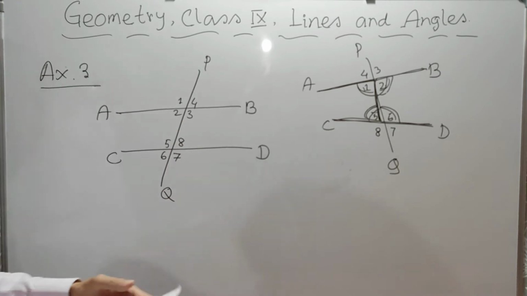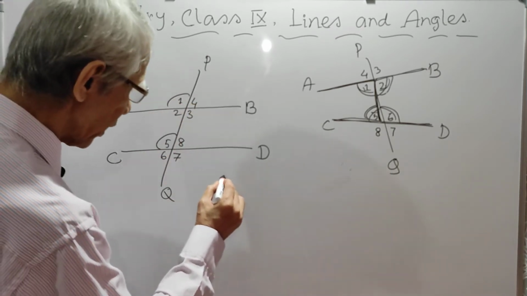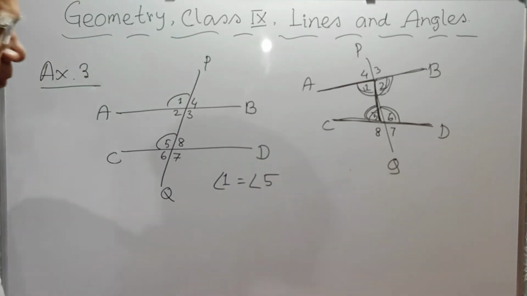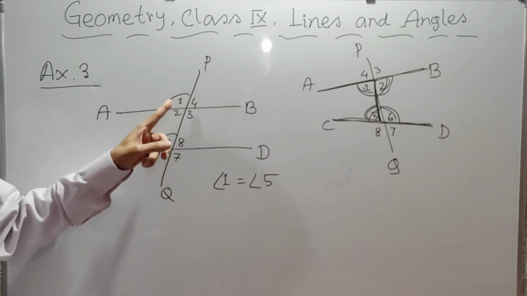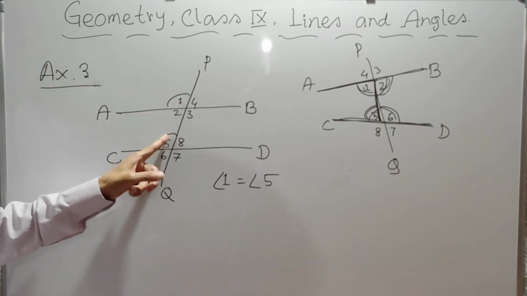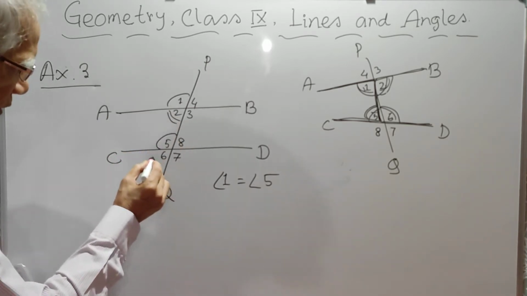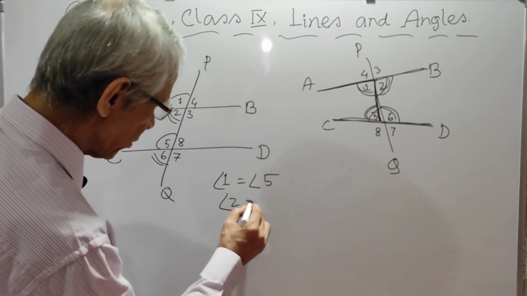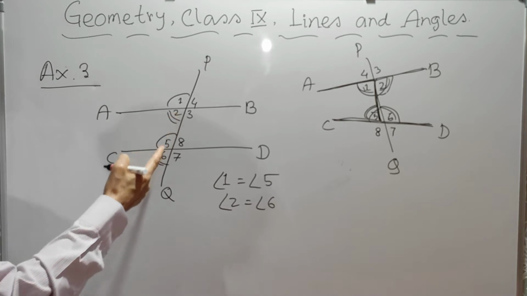So this 1 and 5, they are corresponding. So angle 1 is equal to angle 5. They are one pair of corresponding angles, and according to this axiom they must be equal. Then this 2 and 6, second pair of corresponding angles, so they must be equal. Angle 2 equal to angle 6.